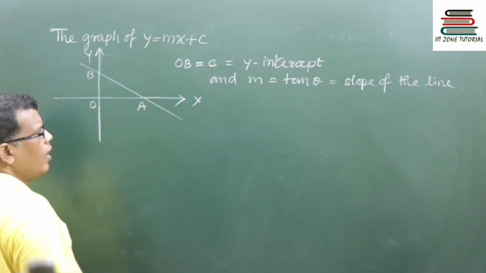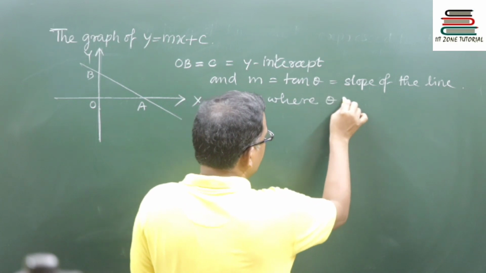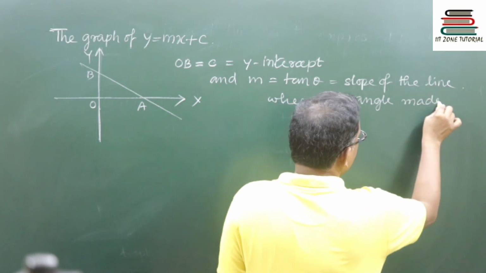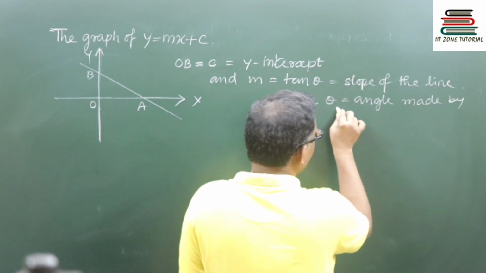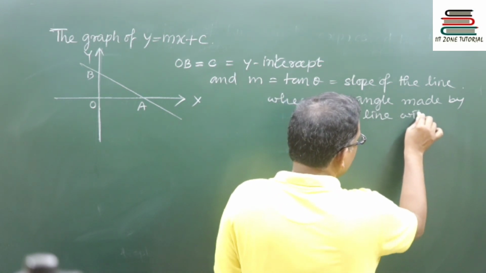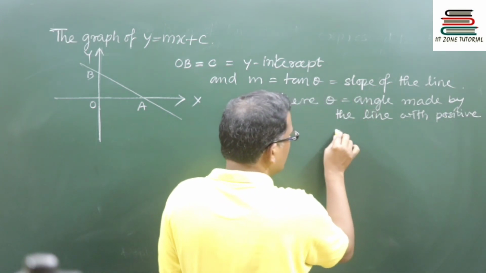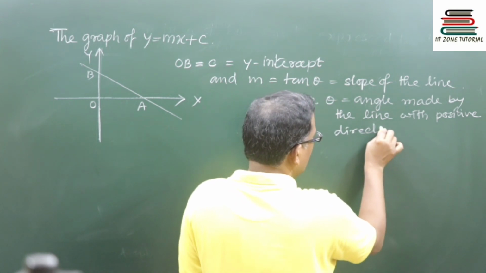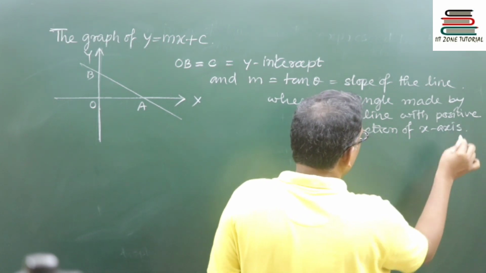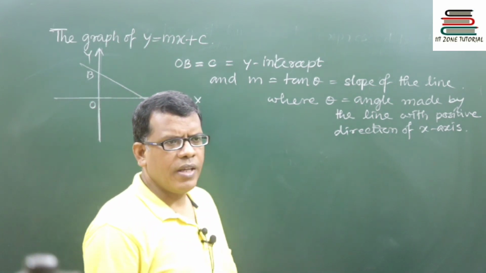And this theta is the angle made by the line with the positive direction of x axis.